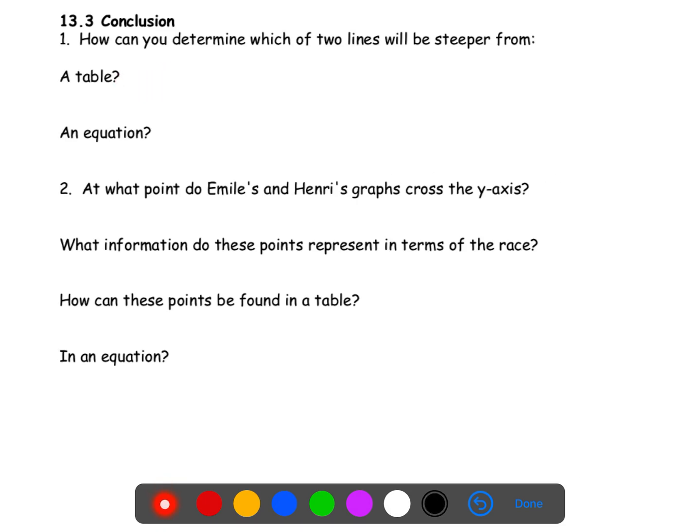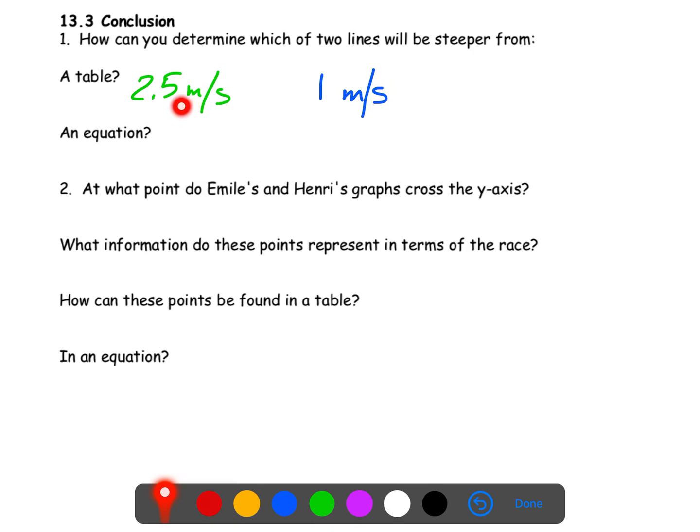Remember, Emil was traveling at a speed of 2.5 meters per second, and Henry was 1 meter per second. So greater speed, greater constant of proportionality, so that's going to be the steeper line.